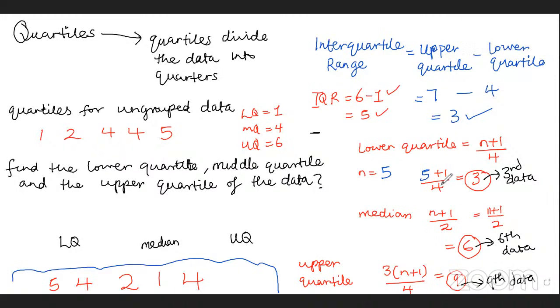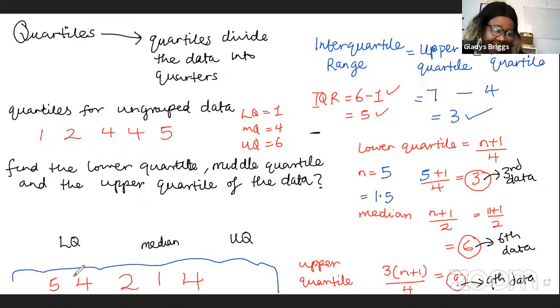What's the answer? 1.5. So that's the first data, the second. So 1.5 should be in between. So one in between 1 and 2 must be 1.5.